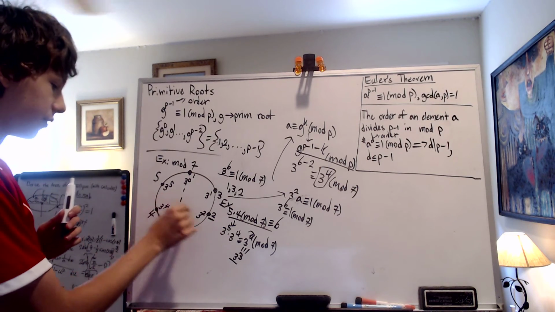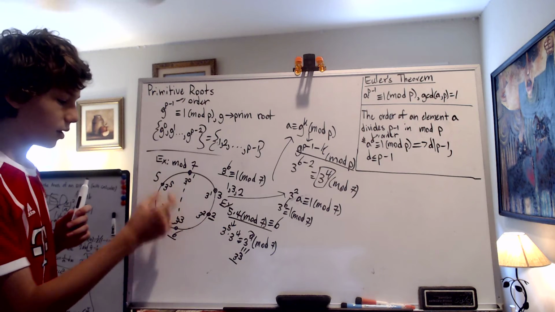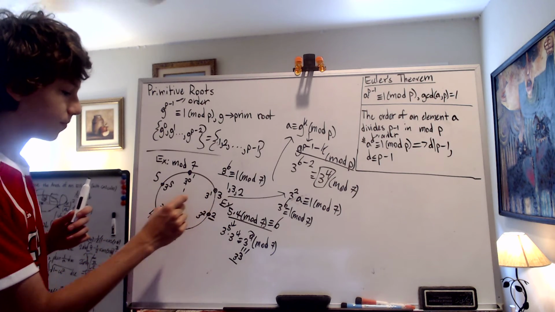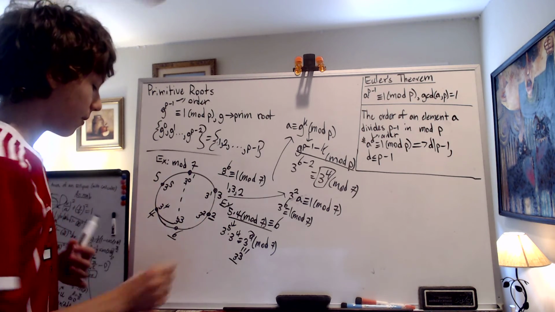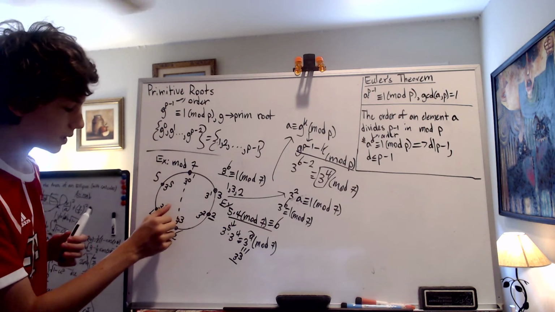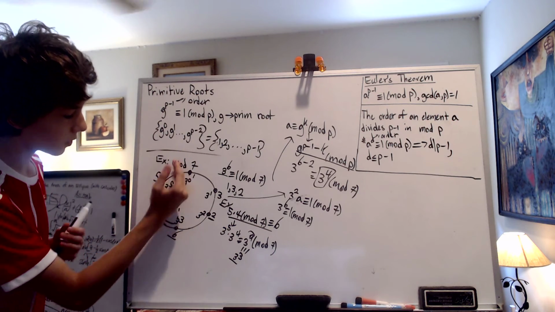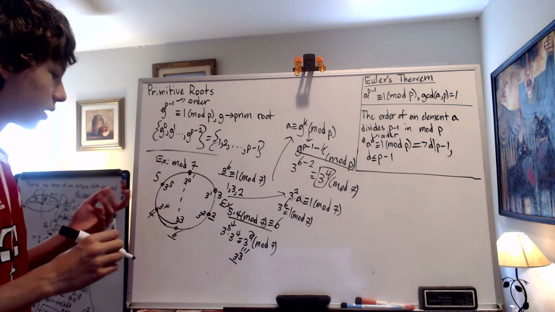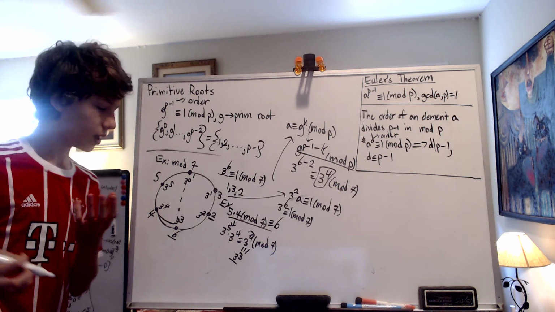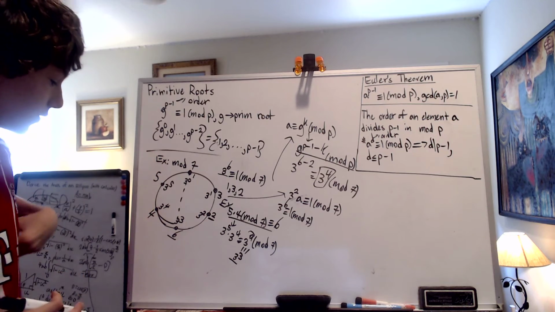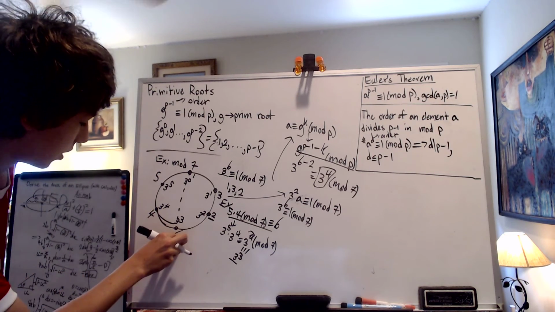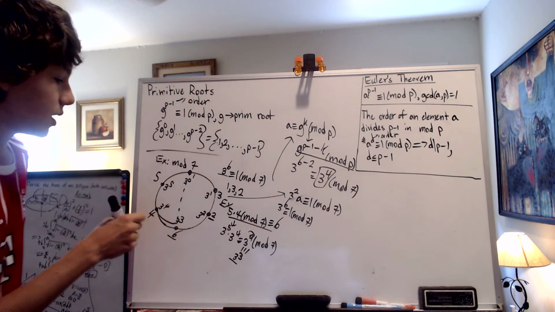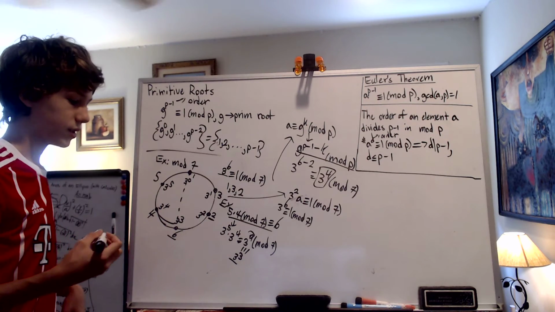Because 3 to the 4 times 3 squared is 1, 3 to the 5 times 3 to the 1 is 1. And notice that implies that the two values on the diagonal are both going to have to be inverses of themselves. You can check that as well.